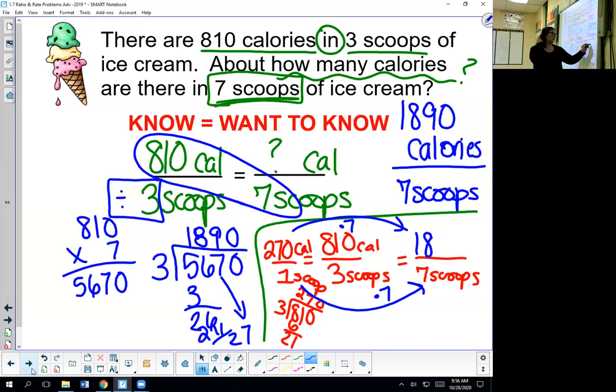You would get 1890 calories. So again, you choose what you like. A lot of kids just like to cross multiply divide. I didn't know 810 was divisible by 3, so I didn't go that route. But can you? Yeah, doesn't matter.